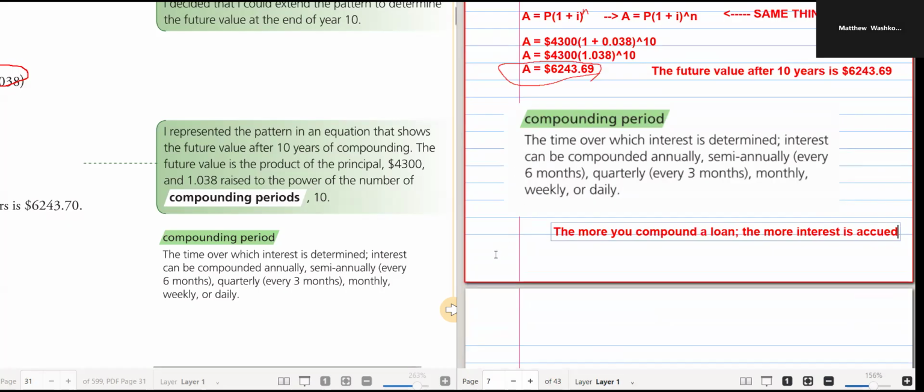Now, think about a credit card. If I'm Visa or I'm MasterCard, what is my goal? If I lend you $1,000, would I want to do credit cards? Do they want more or less compounding periods?